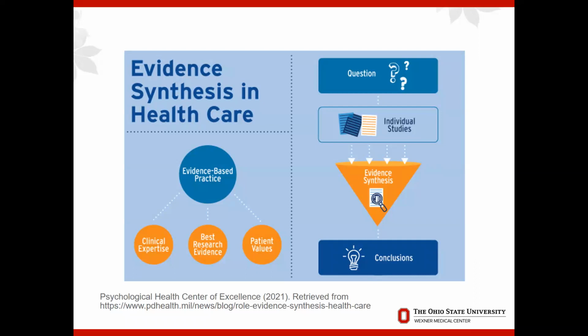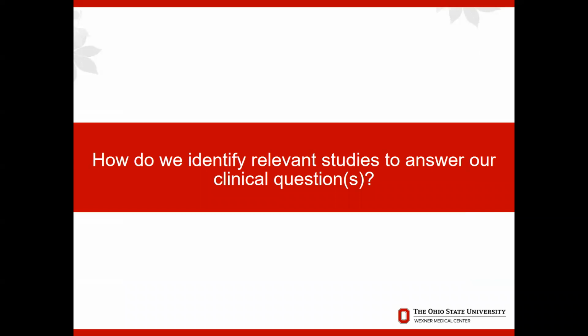And then we move into making recommendations based on those studies that pertain to your clinical questions. So as you develop clinical questions for this final project, you might begin to think to yourself, well, how do I actually identify relevant studies to answer the PICO question that I'm going to develop with my group mates?